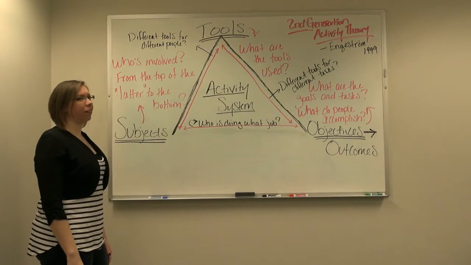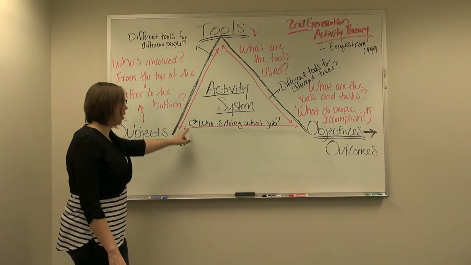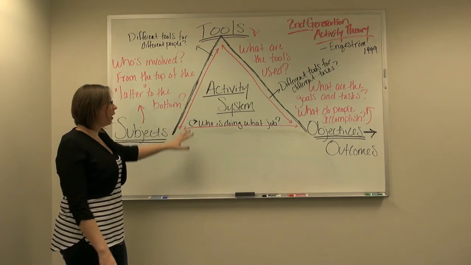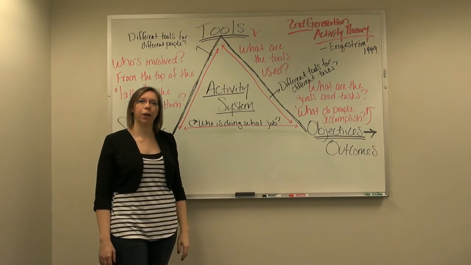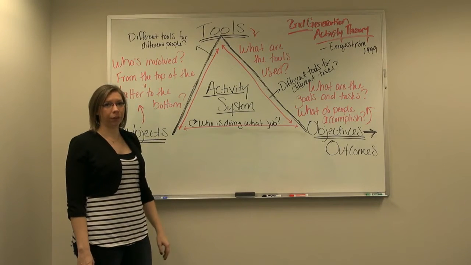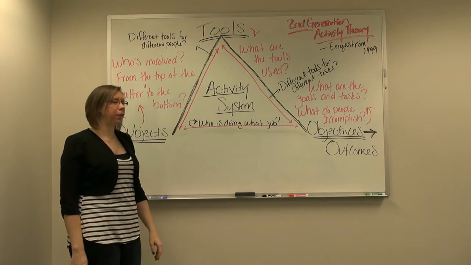We also talked last time about how all of these things are connected to each other, so I have some red arrows here to indicate that. For each one of these connections, we could come up with a question about how they are connected. Some examples: how do the subjects relate to the objectives?